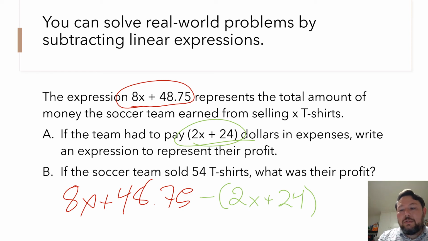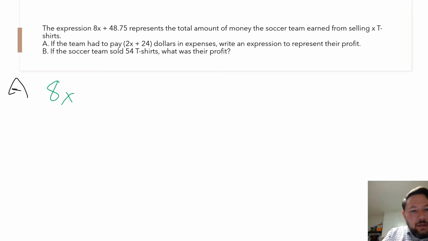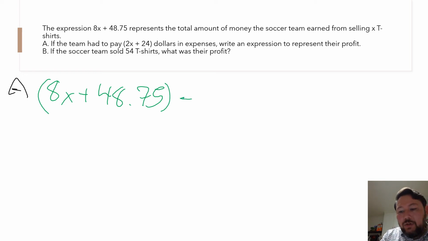So I'm going to turn the slide and rewrite that for us because we have a little bit more room here. So for A, we are doing 8x plus 48.75 minus, remember that is our total amount of money that's coming in, not our profits.